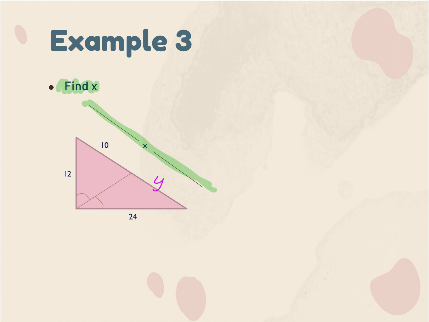All right, looking at this question, first thing you should have done was set it up. Two ways you can set it up. 10 over 12 equals y over 24, or you could have done 10 over y equals 12 over 24.